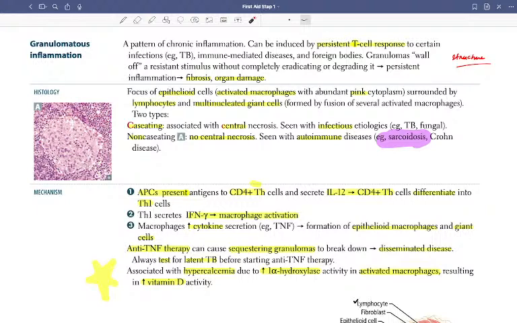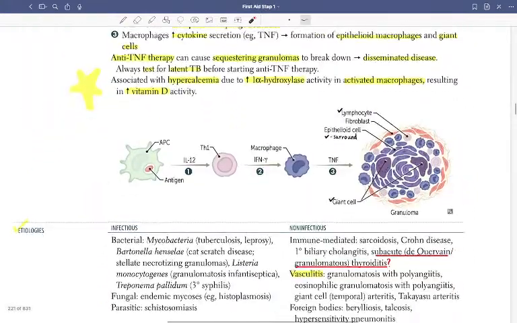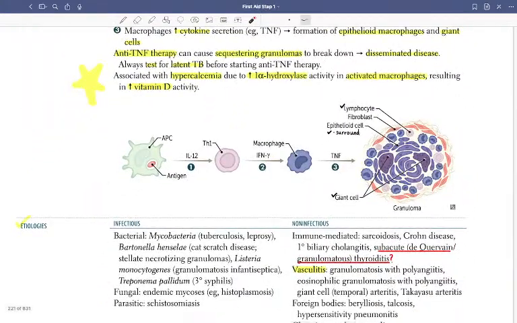It is associated with hypercalcemia, due to increased 1 alpha hydroxylase activity in activated macrophages, resulting in increased vitamin D activity. So this was it: APC antigen, interleukin 12, T helper 1 is activated.